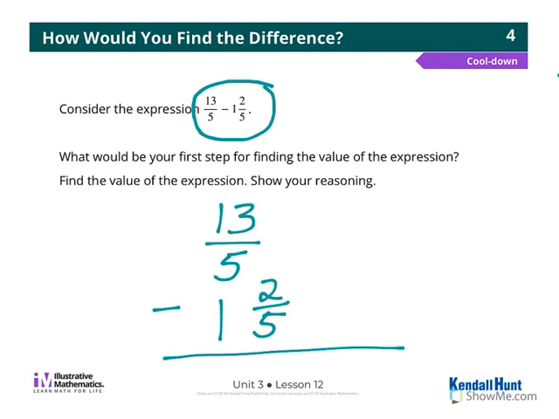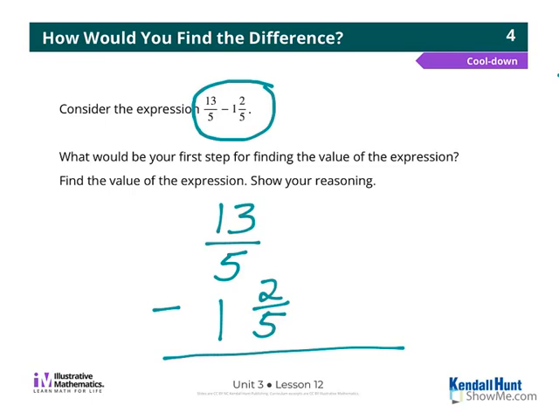So you could do 13 minus 2 and get 11/5. And then you'd have, but nothing is taking away 1 whole. So that wouldn't work. So I think there's a couple different ways to go about it.